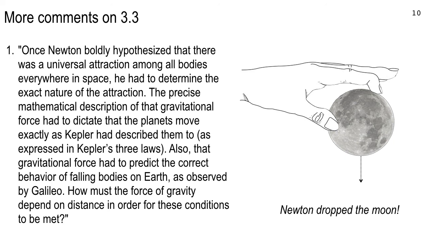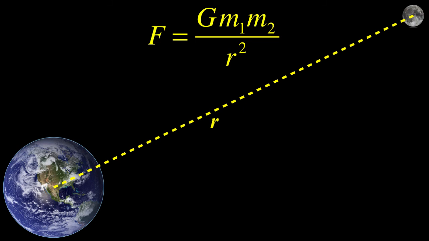But this is what he was actually thinking about. He wasn't thinking about dropping apples. He was thinking about dropping the moon. And that is a terrestrial type drop situation, but applied to the moon. And it worked. This is the formula that he developed. And this is in your textbook.